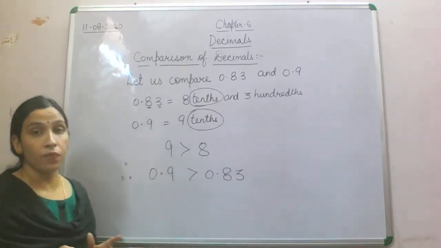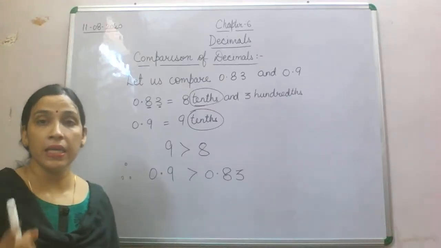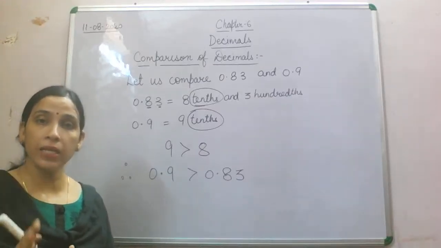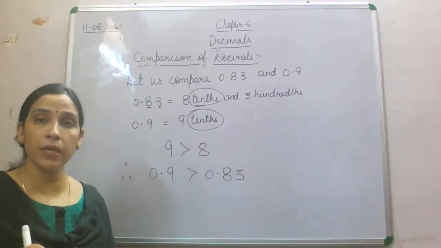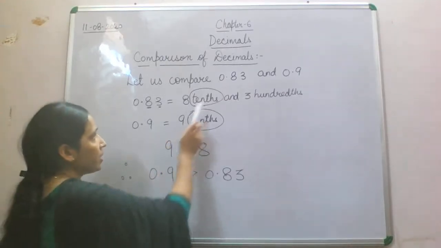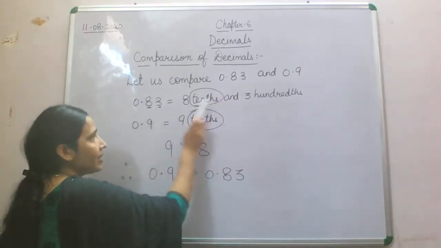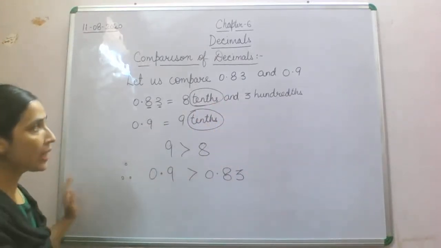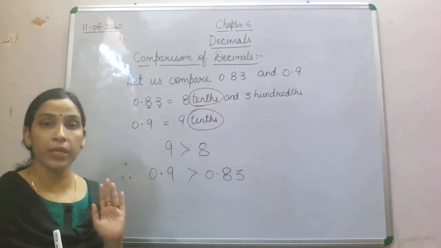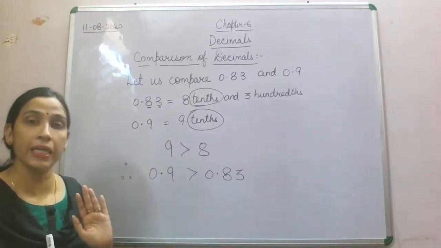See, if we have to compare decimal numbers, then we are going to find the common places among the decimal numbers. Like in this question you can see 0.83: 8 tenths and 3 on the hundredths place. That hundredths place we are not going to take, because in the next decimal number we have been given only 9 tenths.